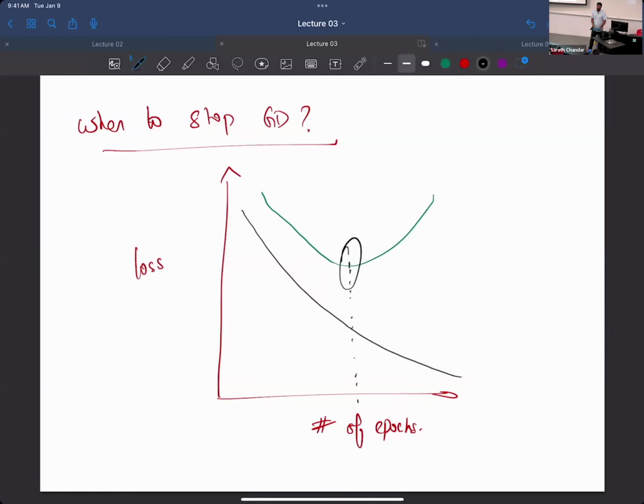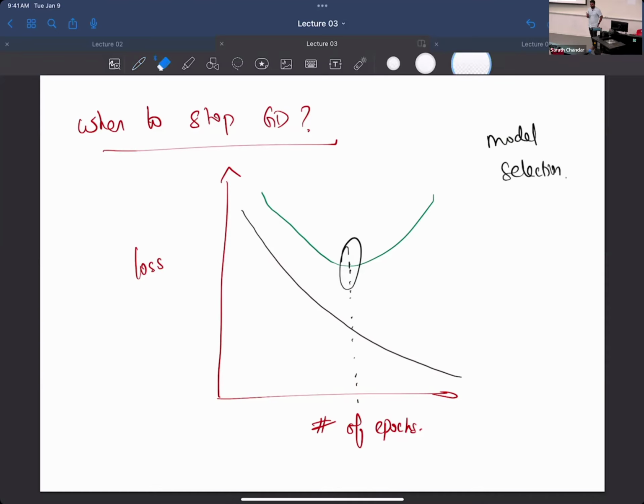Okay, but in practice, you would not know when to stop until the validation loss goes up, right? So in practice, what you would do is you would just store a checkpoint of the model parameters whenever the validation loss is lower. And when it starts increasing, then you know that, oh, now I'm overfitting. So I'm going to go back to the checkpoint of the model at this particular epoch. Is that clear? So this is a way of doing model selection with gradient descent.